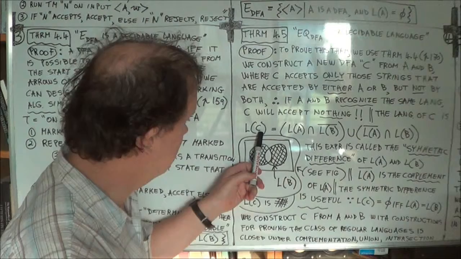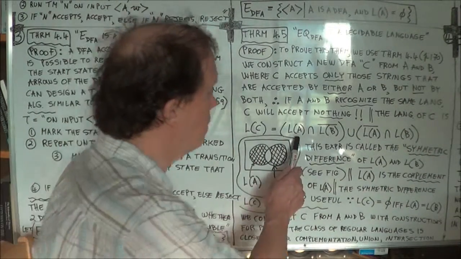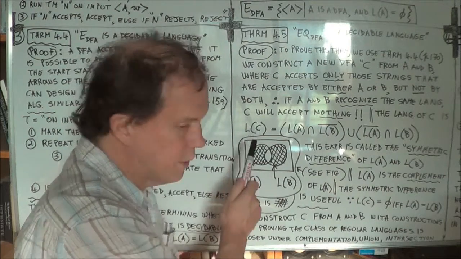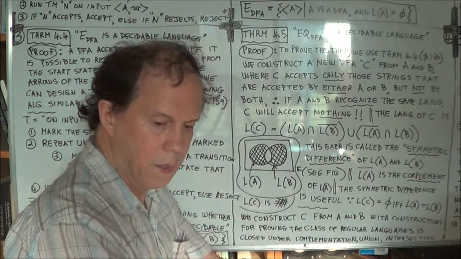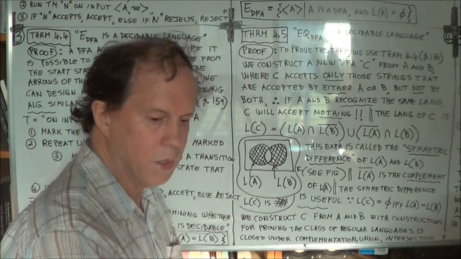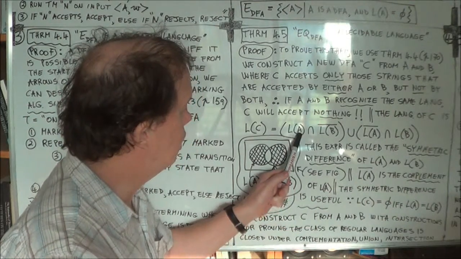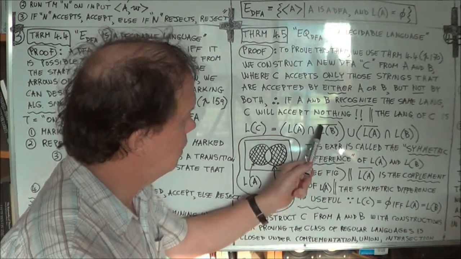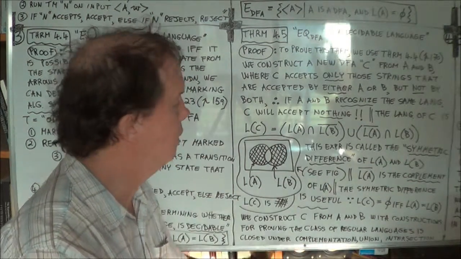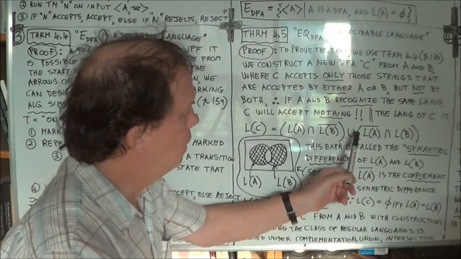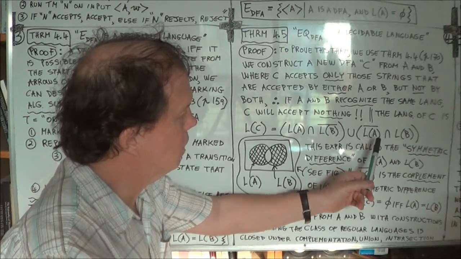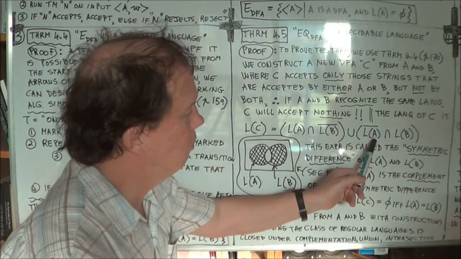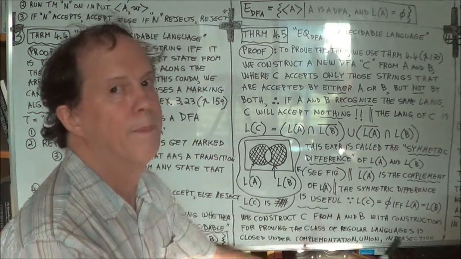Well, can you see it's this? Because the language of C is the set of strings recognized by machine A but not recognized by machine B, and the bar is like the complement. Or it's the set of strings that are recognized by machine B but not recognized by machine A.